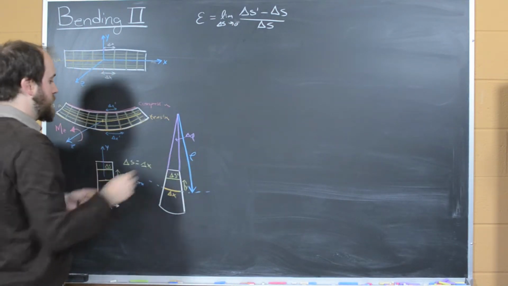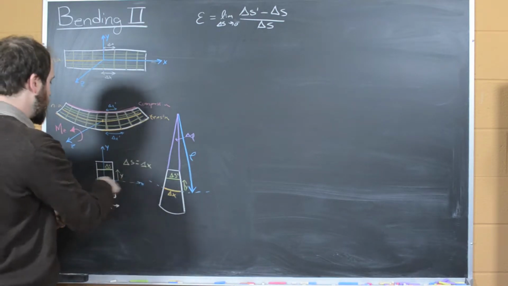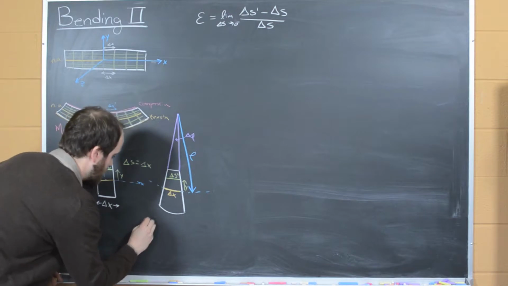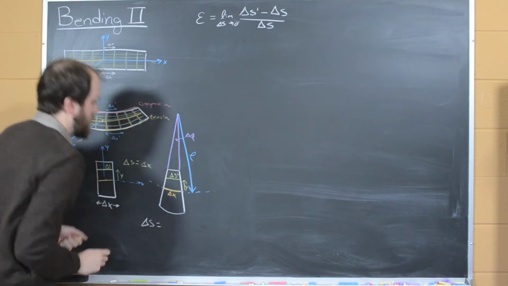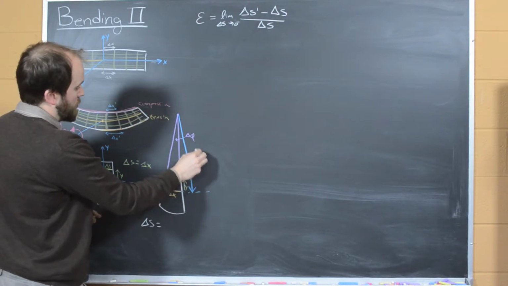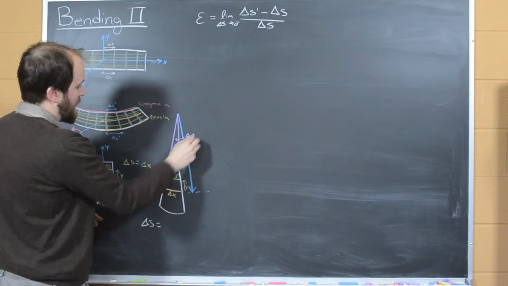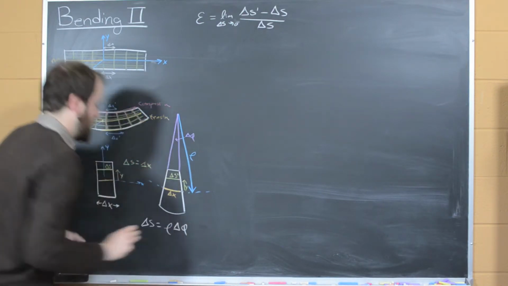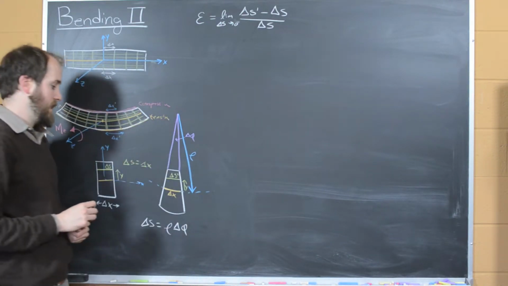And so what does that mean in this drawing here? Well, we can redefine delta s, which is kind of this distance here, as equal to basically the arc length of this curve. So that would be rho, a radius of curvature, times the angle. So it's rho times delta theta.